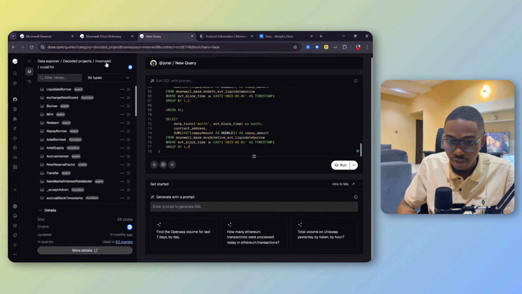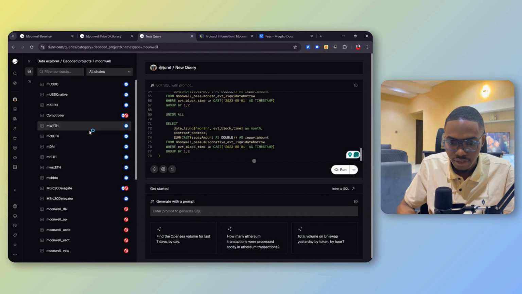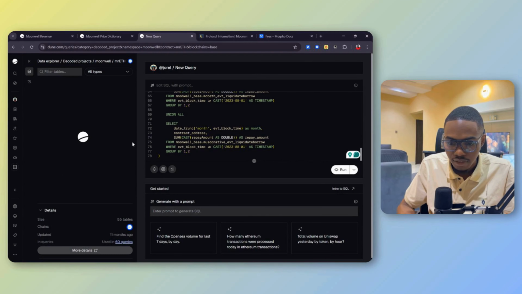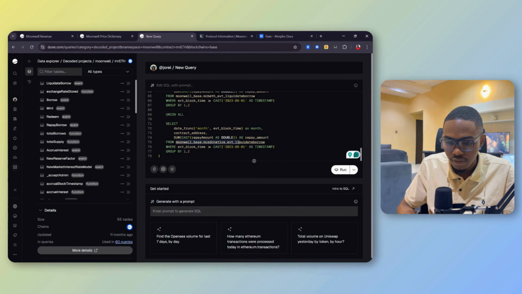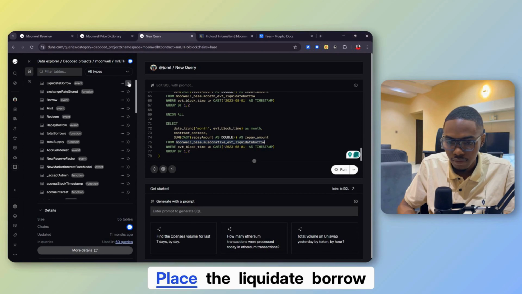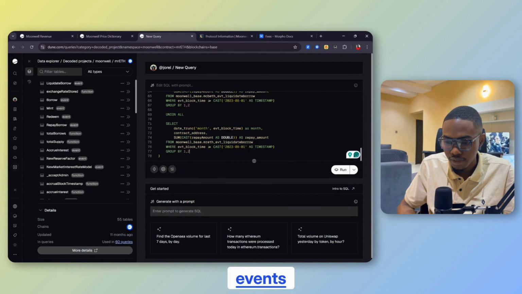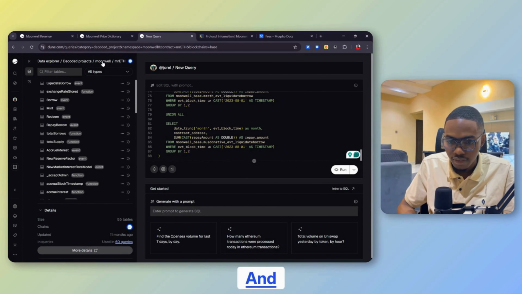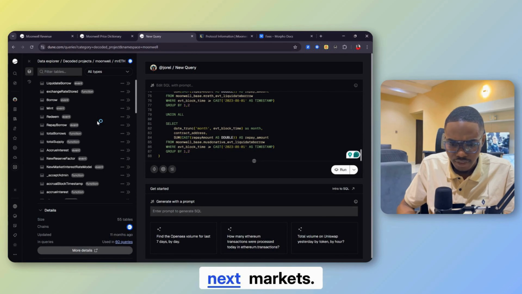Paste and get the next market, which, we've already done the DAI market. Replace the liquidate borrow events and the next market.